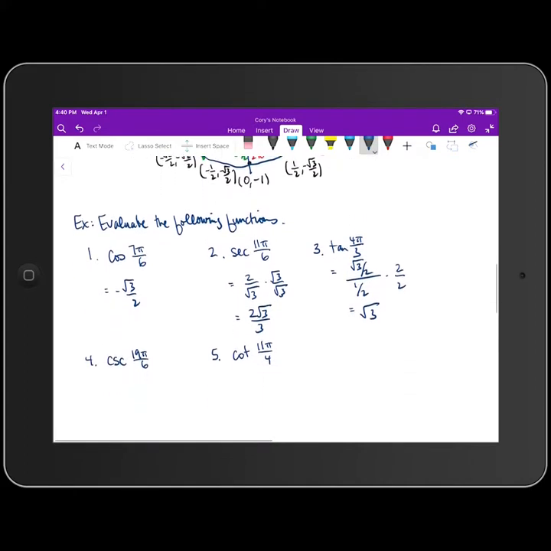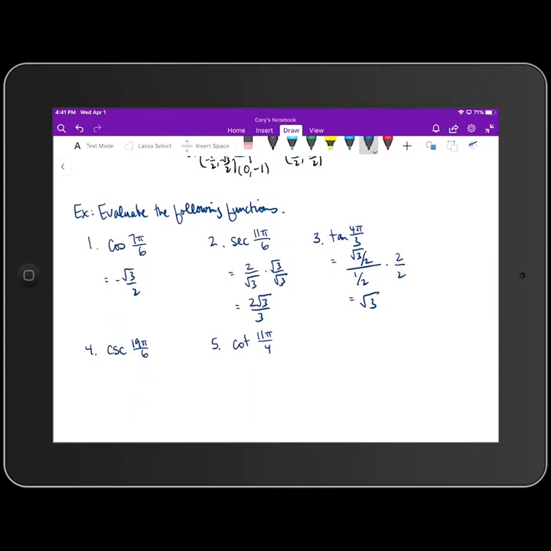All right, for problems 4 and 5, we have to do a little bit more work. For 4, if we want to find the cosecant of 19 pi over 6, if you look at your unit circle, 19 pi over 6 is not an angle on that unit circle. The reason is that 19 pi over 6 is not between 0 and 2 pi. So we have to take what we talked about in the previous lesson, dealing with coterminal angles, and find an angle that is coterminal with 19 pi over 6 that is between 0 and 2 pi.